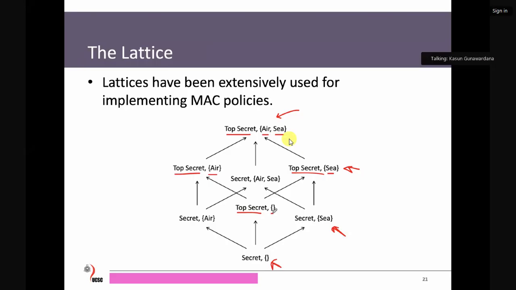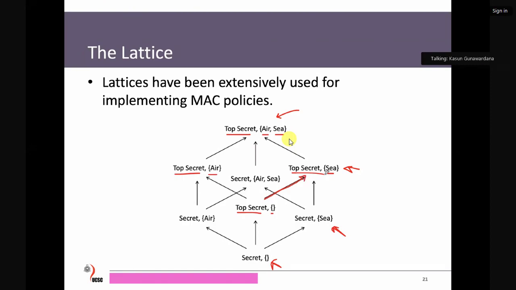And their superiority. If you look at top secret with an empty resource, it is inferior to top secret C. That's why this arrow is in this direction, right? The arrowhead shows which is superior.